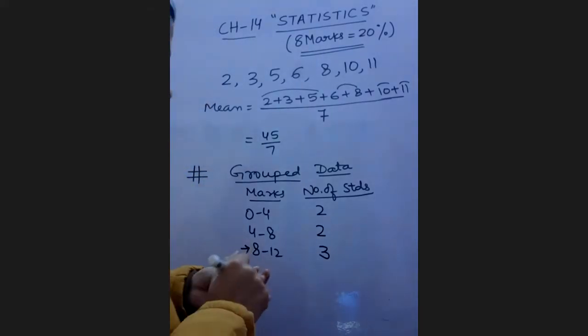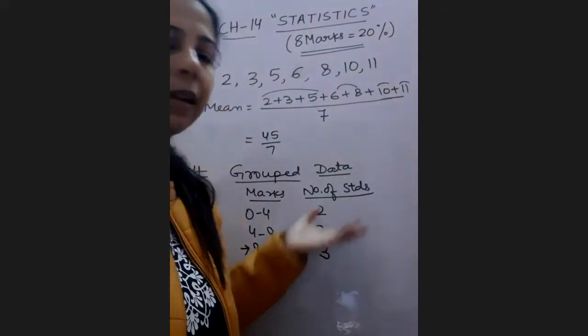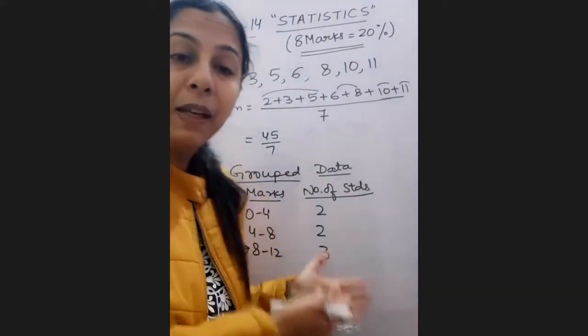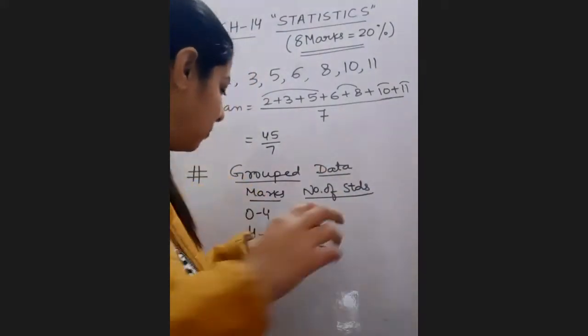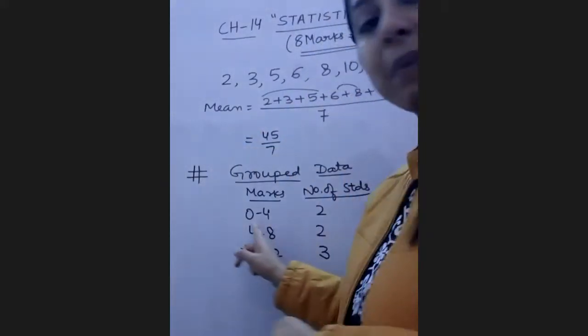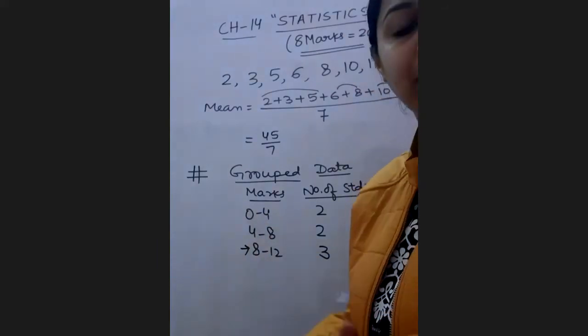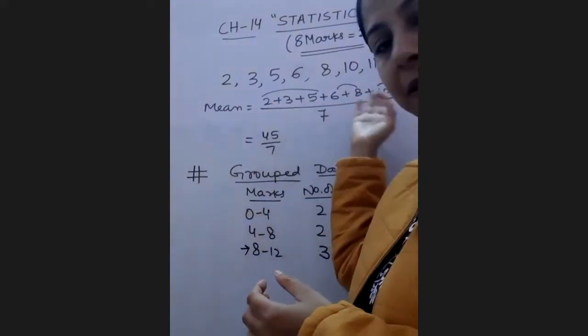Now I presented this to the Father Principal. Father Principal is asking, tell me the mean score of the test. Now how to find the mean? I just know there are 2 children scoring something between 0 to 4, but I don't know what they are actually scoring. For the mean, I need entries.